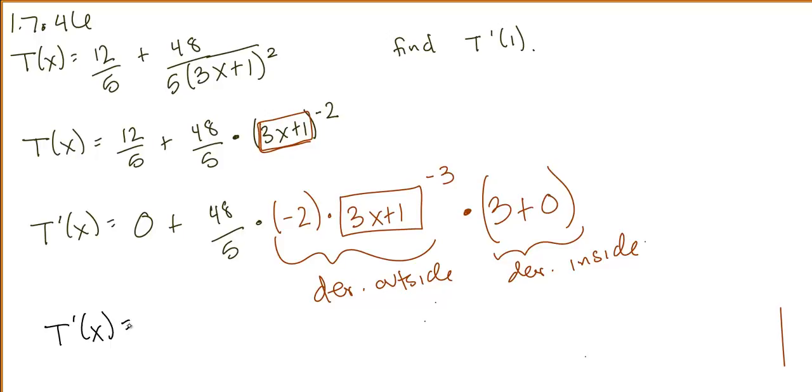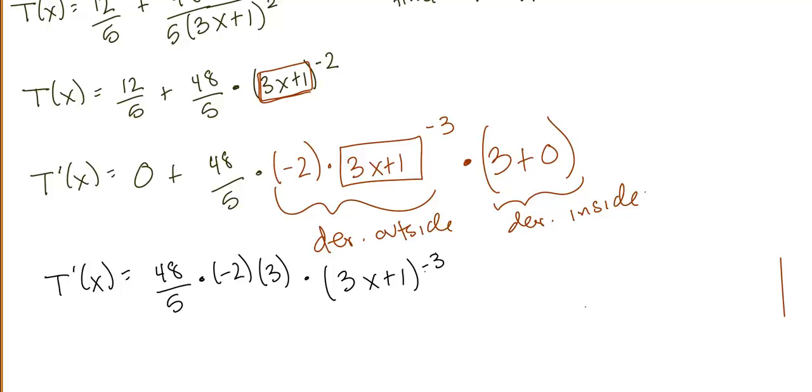So to simplify slightly, we have here 48 over 5 times negative 2 times 3 times the quantity 3x plus 1 raised to the negative third power. And I could simplify some more if I wanted, but we don't really need to.